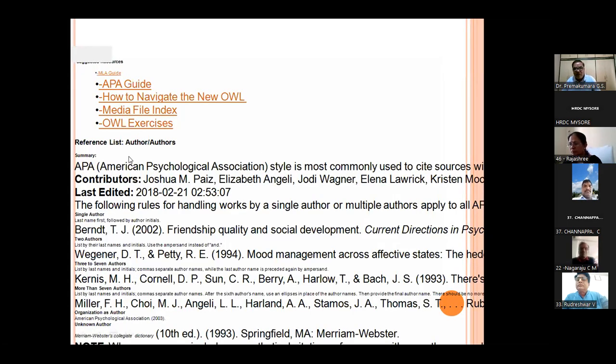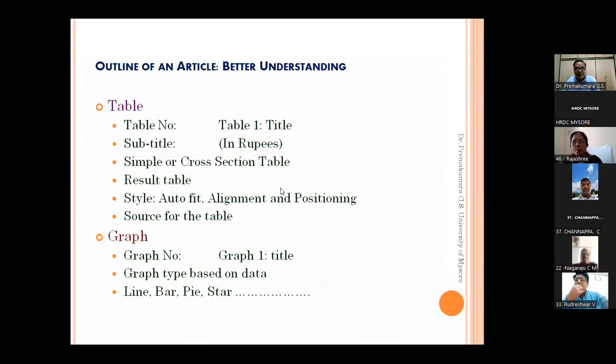And this is how APA style comes. I have just given the example. And if you are presenting tables, let the tables be like this. The table should contain the table number, like Table 1, and then the title, and a subtitle within brackets stating the measurement unit. Is it in rupees, quintals, tons, millions, billions, liters, or quarters?